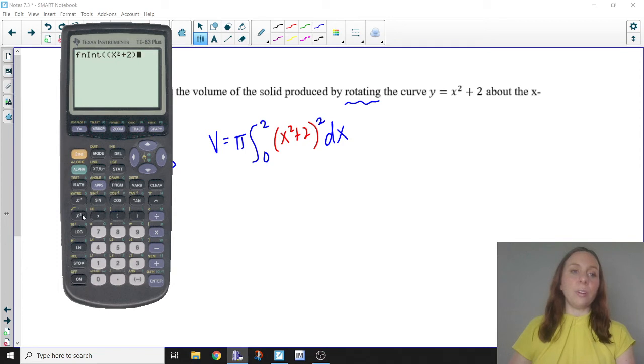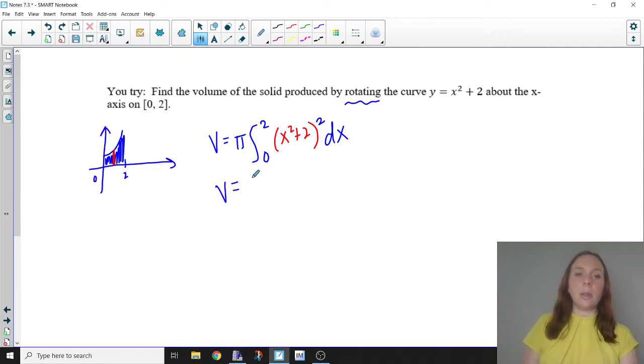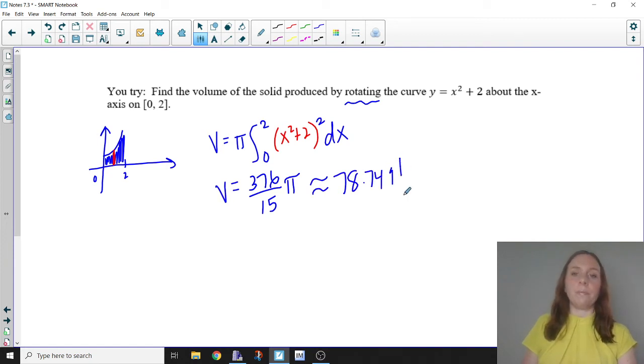Don't forget that your function is being squared and that you have to multiply your answer by pi. So for this one, I am getting 376 over 15 pi, or in decimal form, that is approximately 78.749.